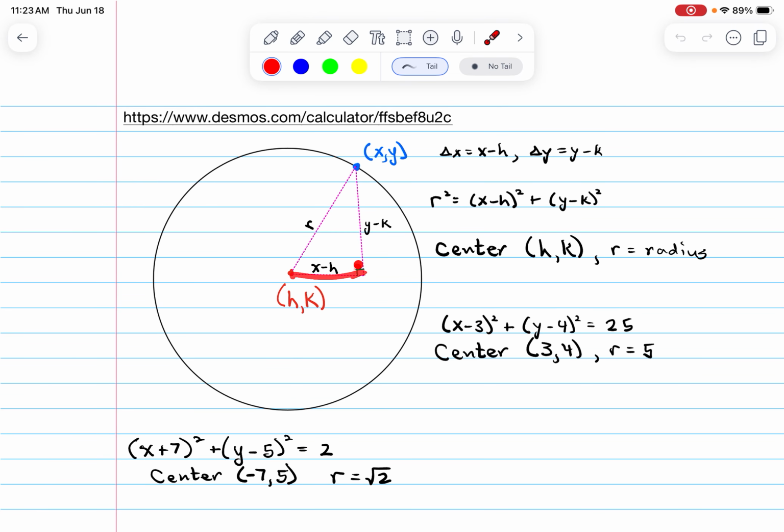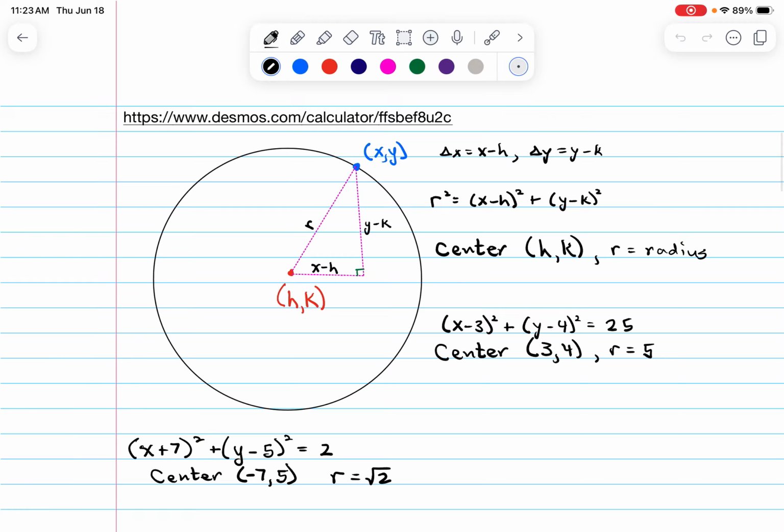But you're just using the Pythagorean theorem, but it has a cool property that what we have here is this whole triangle has been shifted to the right 3 units. Okay? And it's been shifted up 4 units.